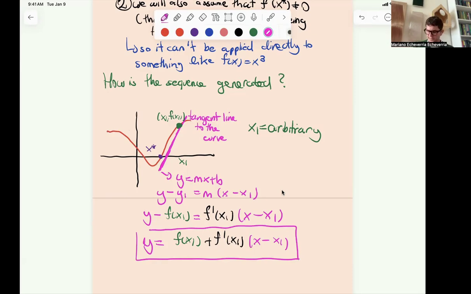And what you try to do is find a value of x for which this line crosses the x-axis.